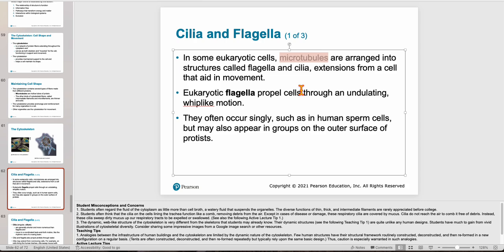In your trachea, in your throat, you actually have cilia that are designed to move debris and junk that goes down your throat back up so that you can either cough it up or sneeze it out. We have cilia in our intestinal tract as well to help move things along. So, cilia and flagella.